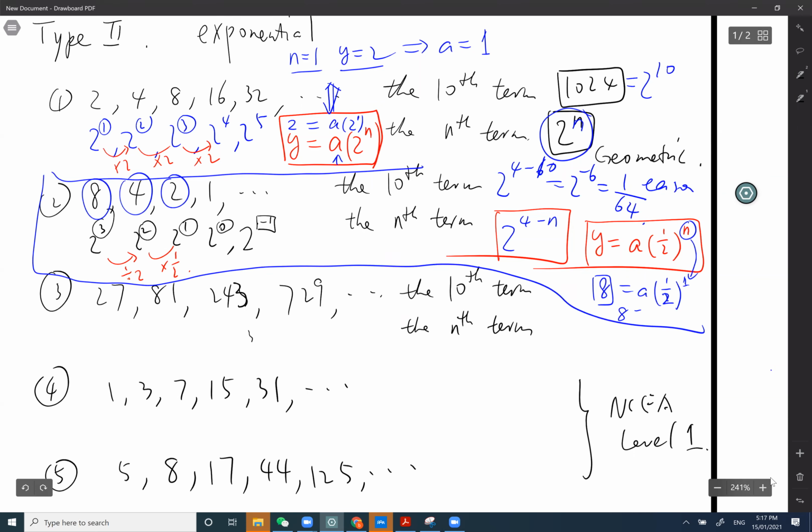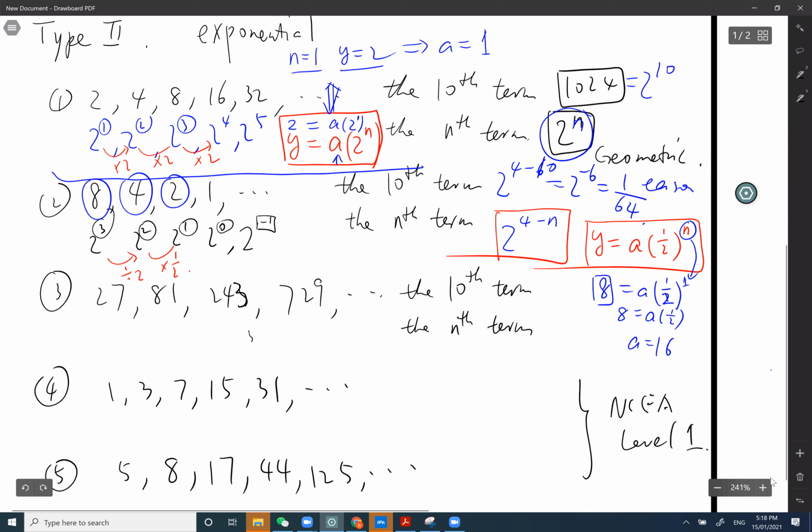So 8 equals a times half. a is just 16. So you can write the formula y equals 16 times half to the power n. Same as Ethan's answer.